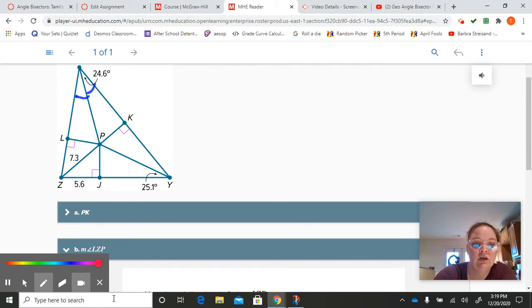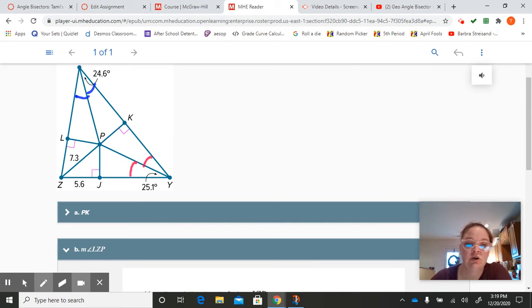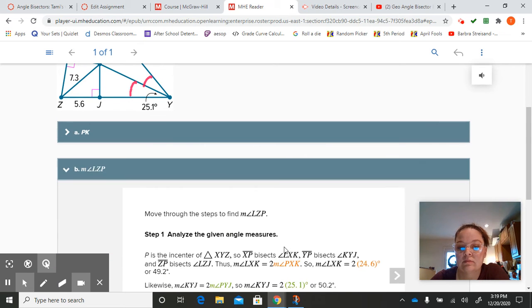Grab a different color. So we know these two angles are congruent. One of them is 25.1, so the other one is also 25.1. And ZP bisects LZJ. So grab one more color. So we know that this angle and this angle are congruent to each other.